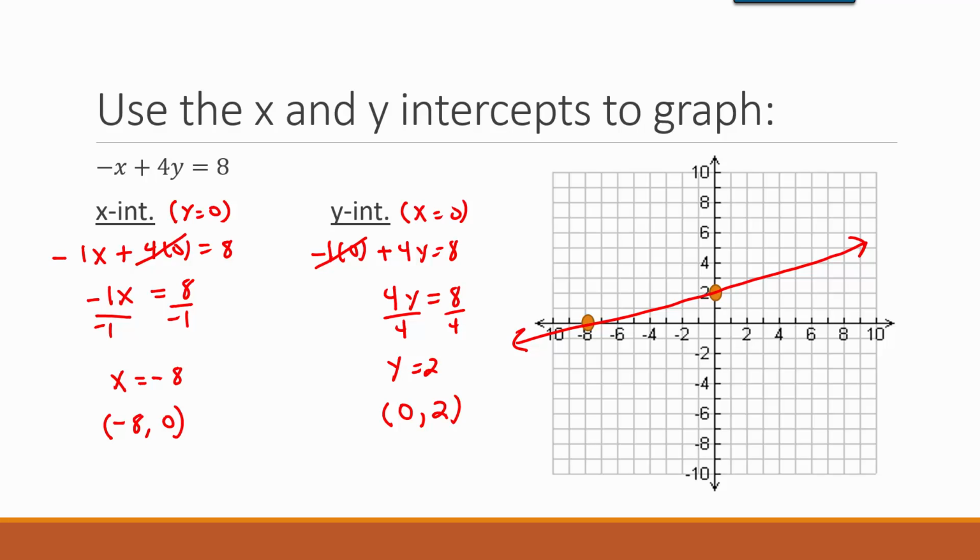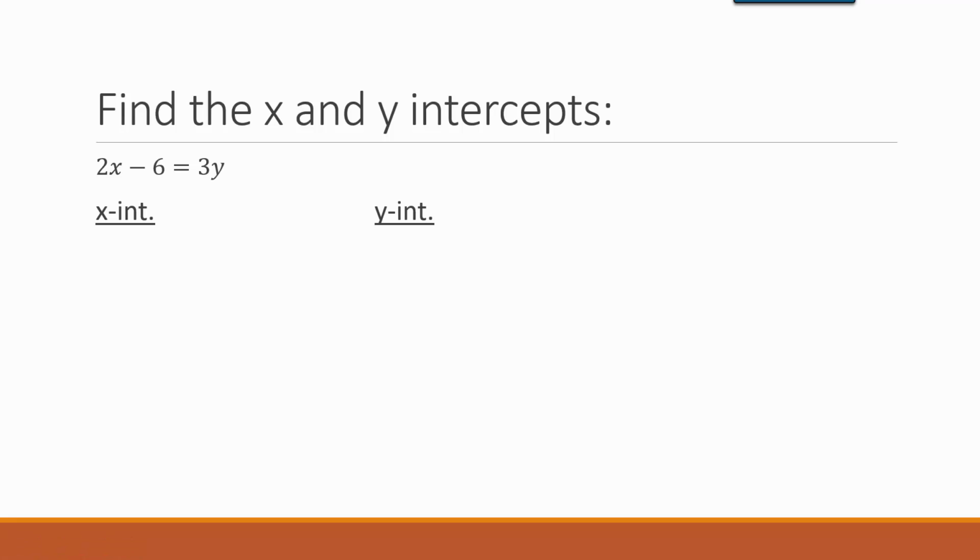Okay, so let's look at one more example of finding the X and Y-intercept. All right, so let's just find the X and Y-intercepts from this equation. Okay, so the X-intercept, that's right, replace y with 0. So we have 2x minus 6 equals 3 times 0.